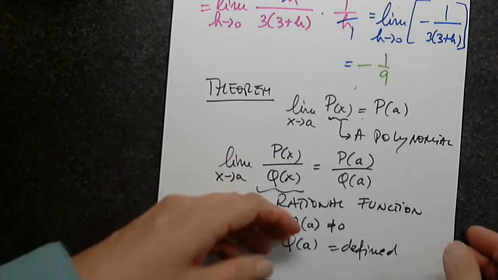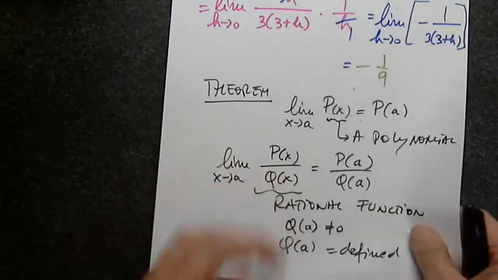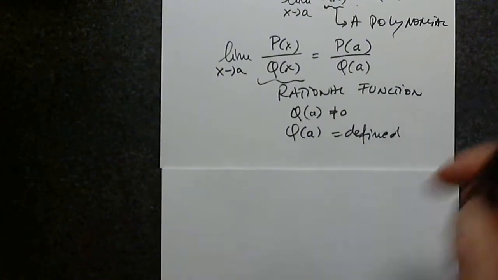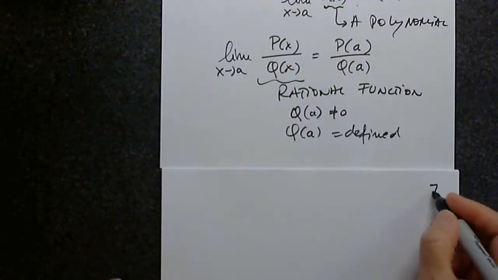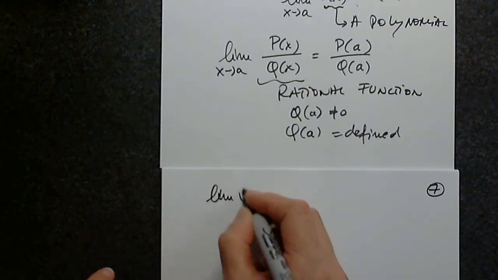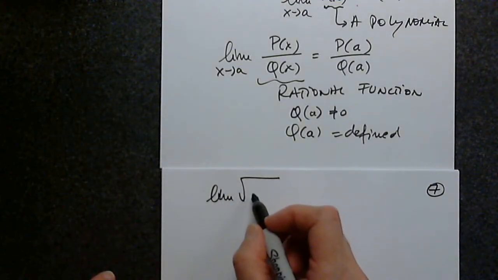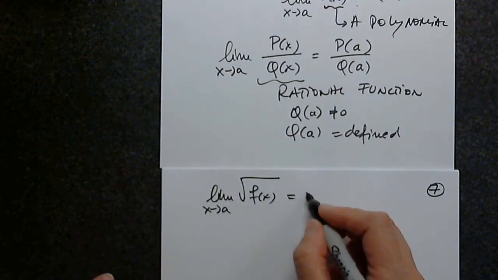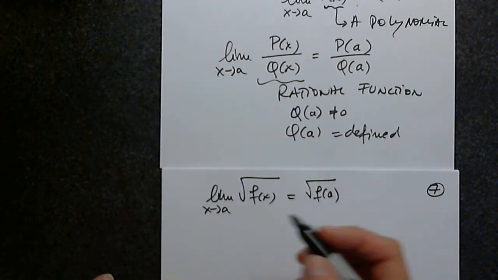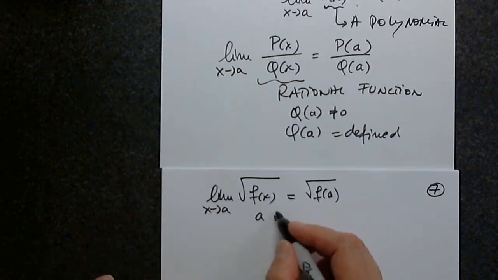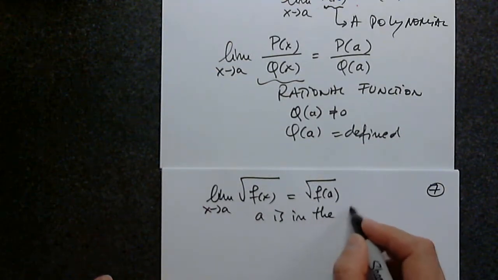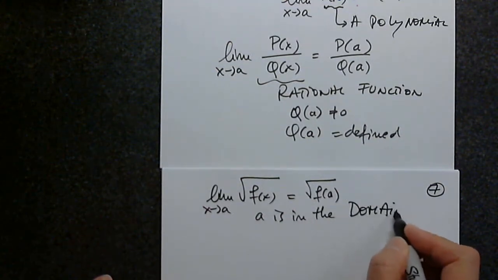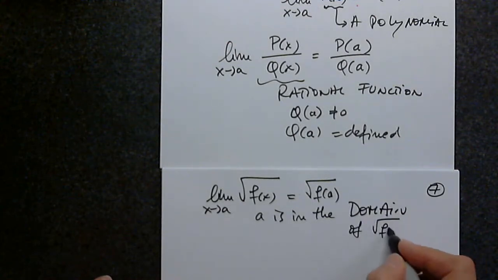And this is true for anything else, like, let's say, the square root. So the limit of the square root of a function as x approaches a is the square root of f of a. Of course, a is in the domain of the square root of f of x.